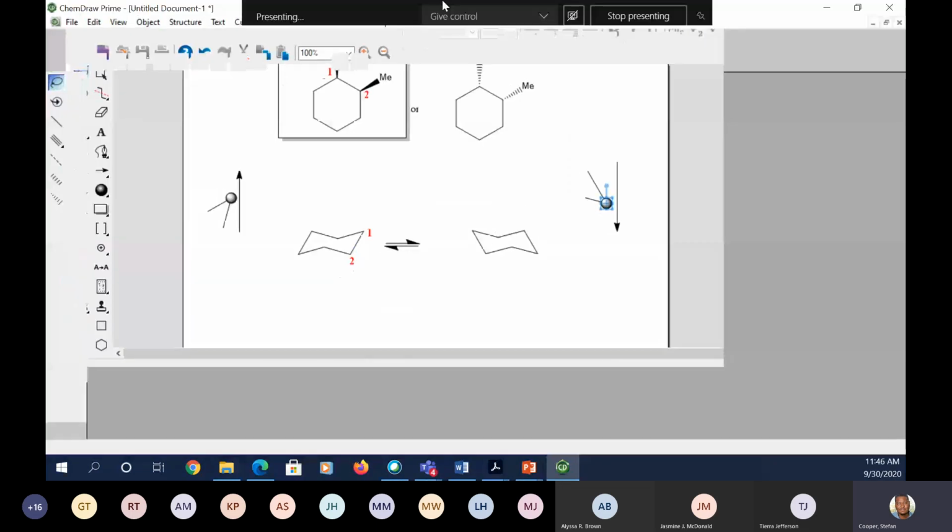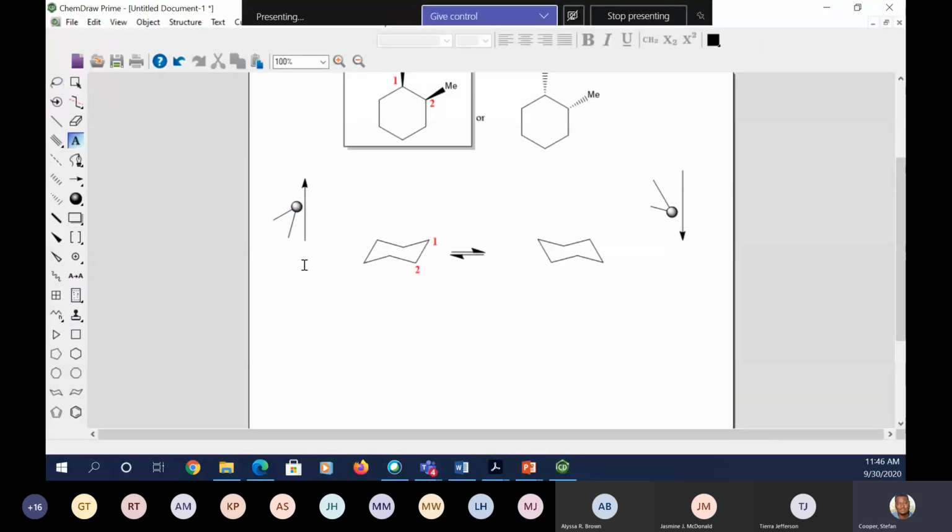Okay, so if we look at this carbon right here, I put this little gray circle here to indicate the carbon, that carbon is pointing up. Because it's pointing up, the axial position at a carbon that's pointing up is also the up or top position, right? So that means wedge, right? And the equatorial position is going to be down or bottom.